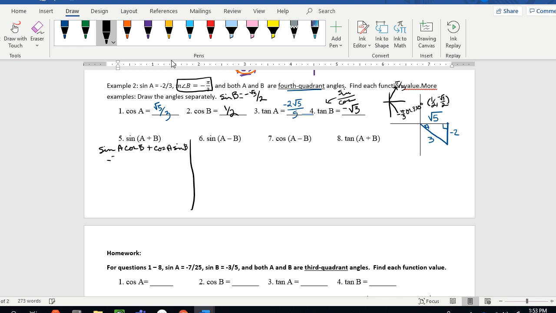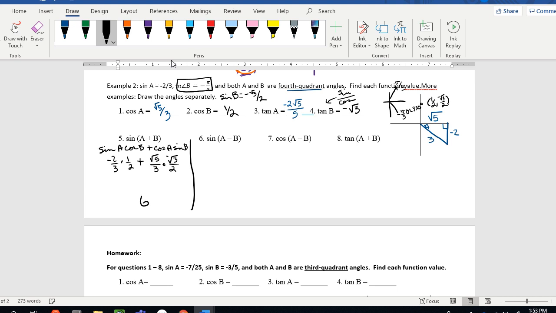Oh yeah, I did, -2/3. -2/3, cosine of B is 1/2. So guys, my denominator better be 6, plus cosine of A, square root 5/3, times sine of B, square root 3/2, and that's a negative.